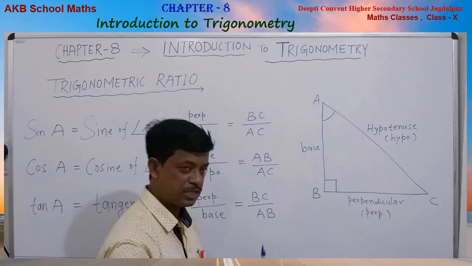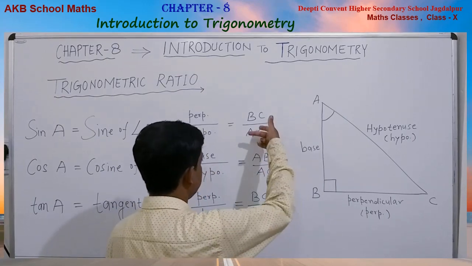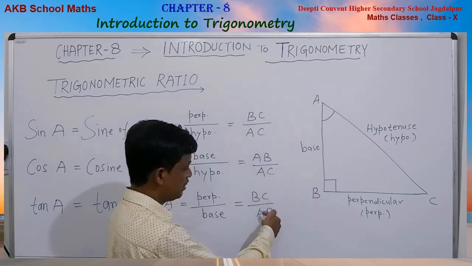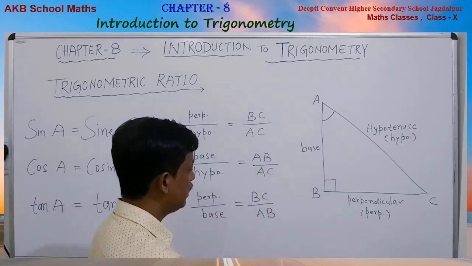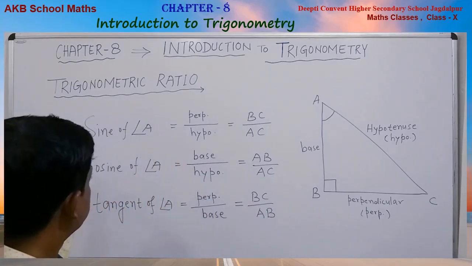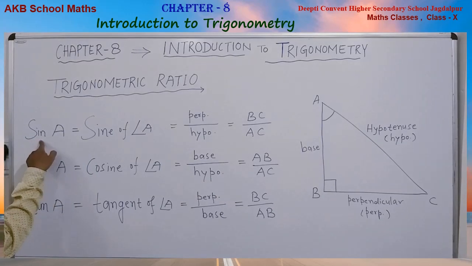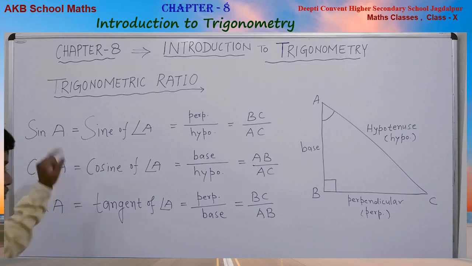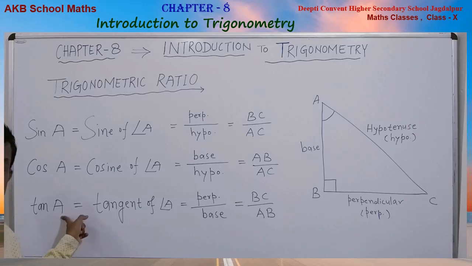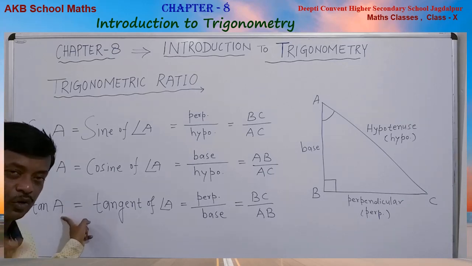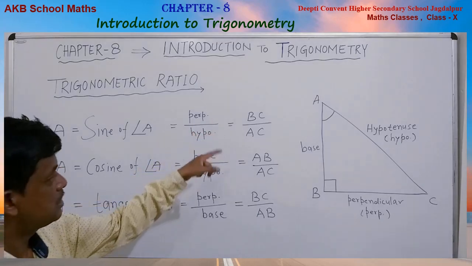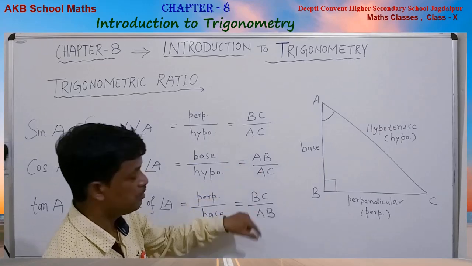Now you can also make ratios by taking the reciprocal, like AC by BC, AC by AB, similarly AB by BC. These ratios are named as follows: reciprocal of sine is cosec A, reciprocal of cos A is sec A, reciprocal of tan A is cot A, cotangent. So taking the reciprocal means AC by BC, AC by AB and AB by BC.